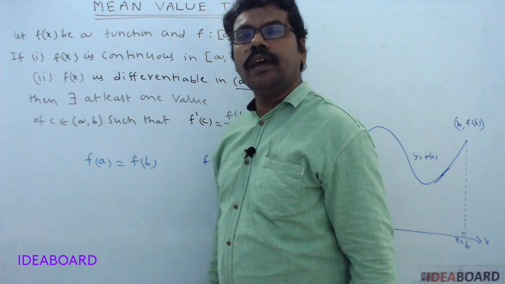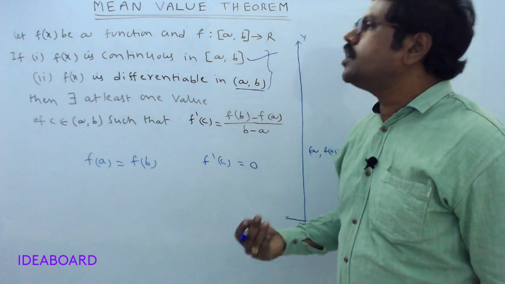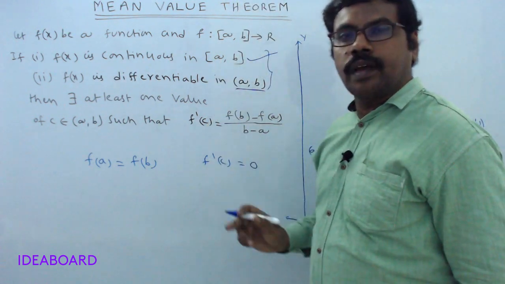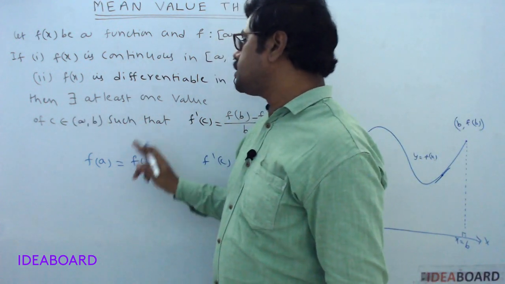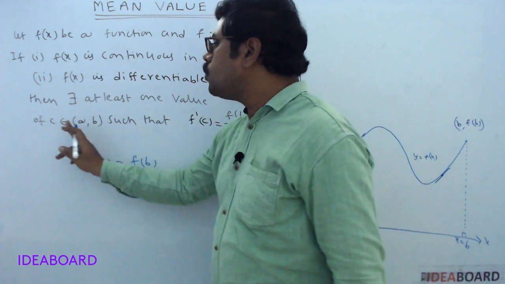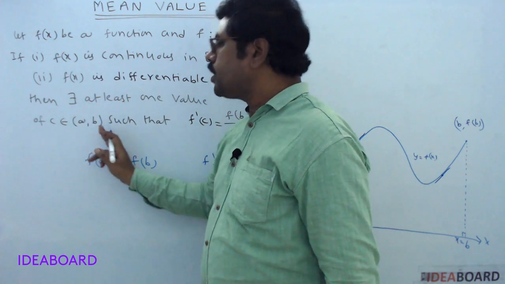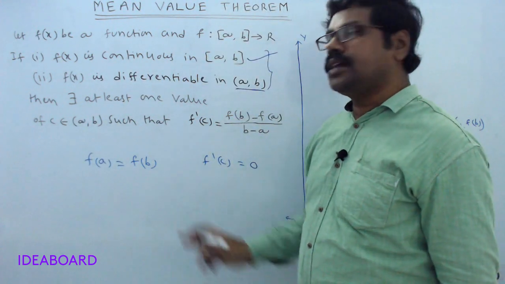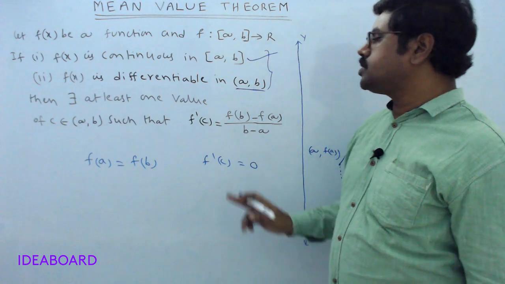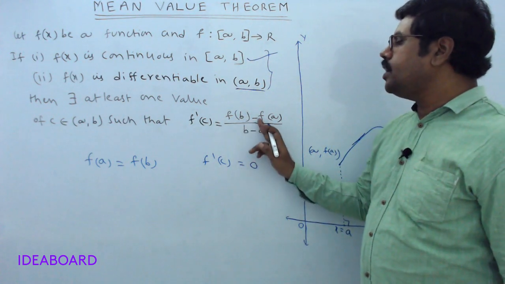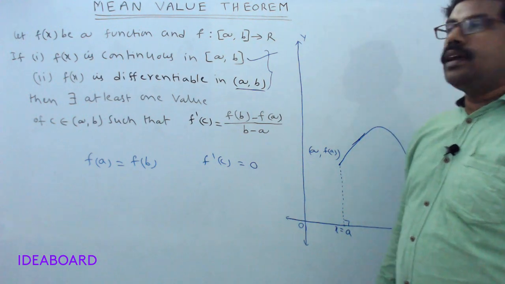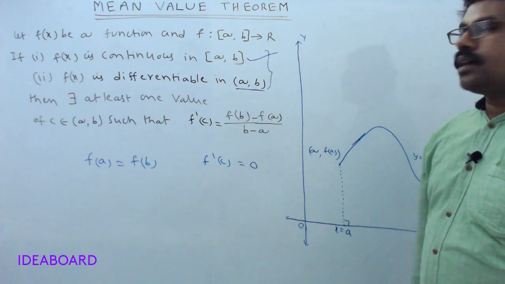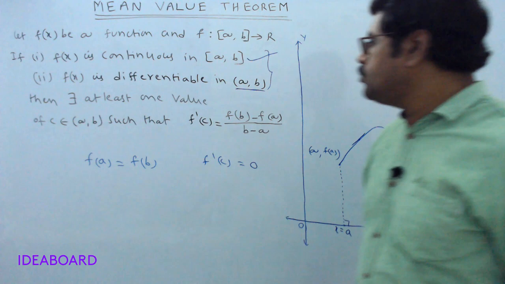Once the mean value theorem is applicable, there exists at least one value of c which belongs to the open interval (a, b) such that f dash of c equals (f(b) minus f(a)) upon (b minus a). Now come to the derivation of this formula from the diagram.